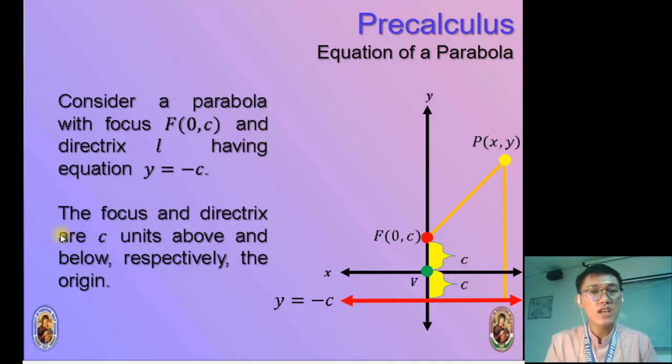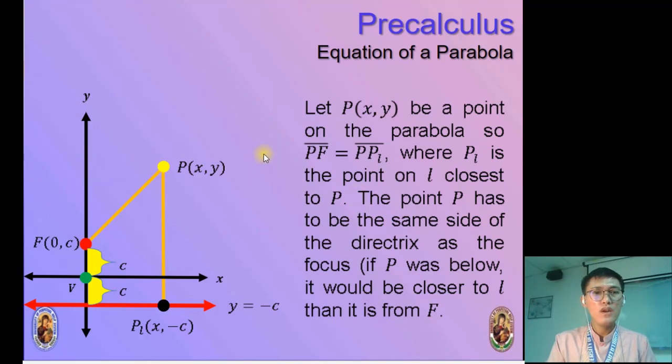The focus and directrix are c units above and below, respectively, the origin. In other books, they use the letter p to indicate the distance of the focus, but here they are using the letter c. It doesn't matter as long as we get the standard equation of the parabola.